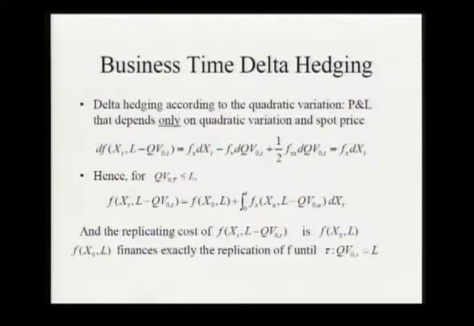I mean, sorry, as long as you have not consumed everything, you manage to replicate exactly this quantity from the initial price plus your delta hedge here. So you manage to replicate exactly your payoff until the time tau where your realized variance reaches the budget. Basically, you run out of gas. You've consumed everything.